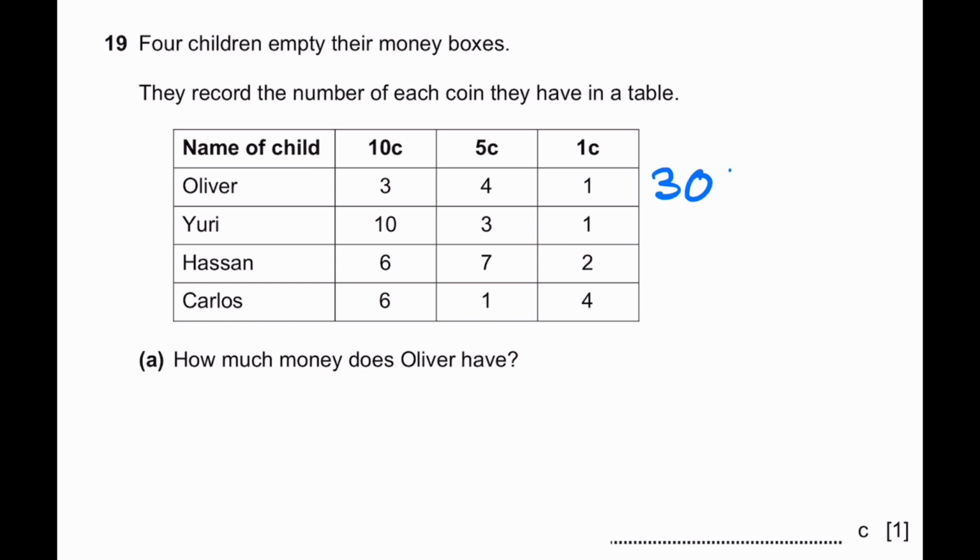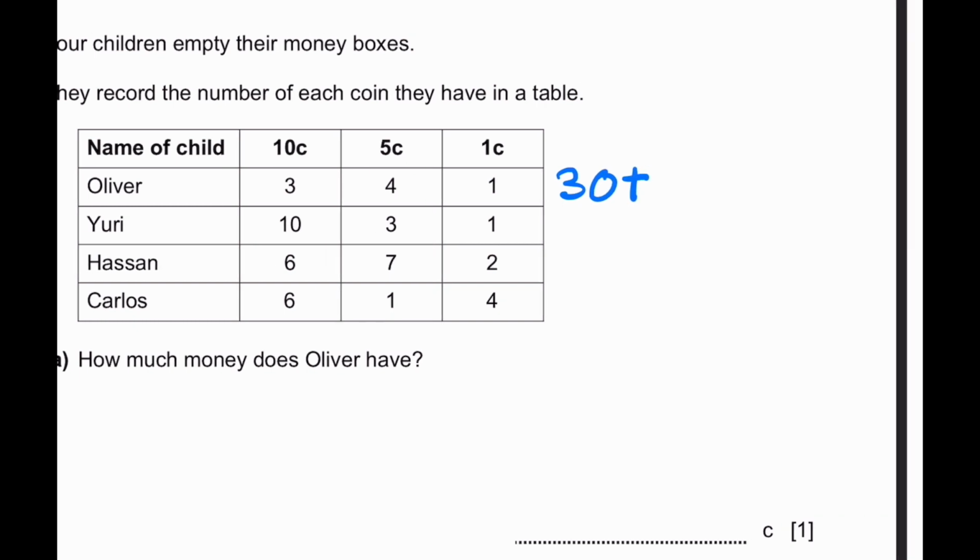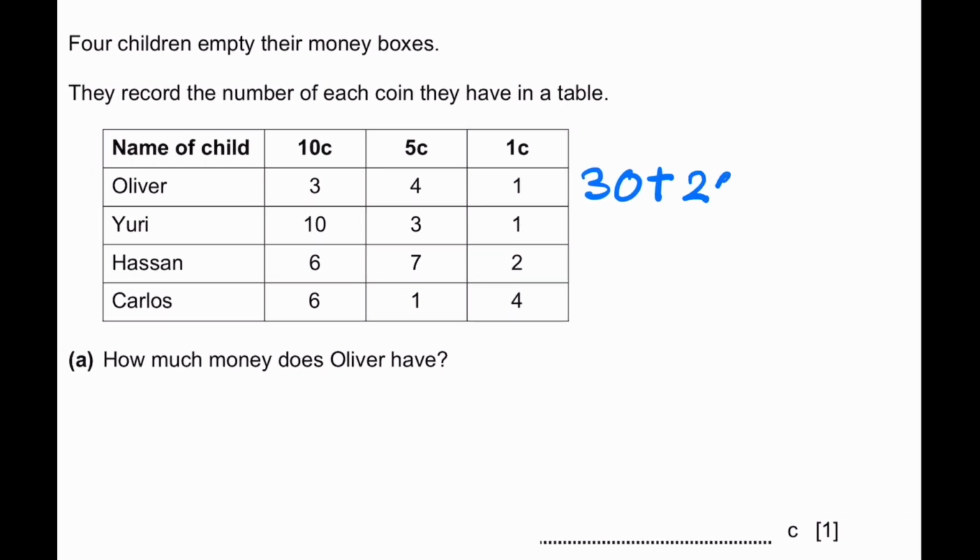So 30 plus 4 5-cent coins is 20 plus 1 1-cent coin is 1, which is equal to 51. Yuri, 10 10-cent coins is 100 plus 3 5-cent coins is 15 plus 1 1-cent coin, which is 1. Add up all these, equal to 116.